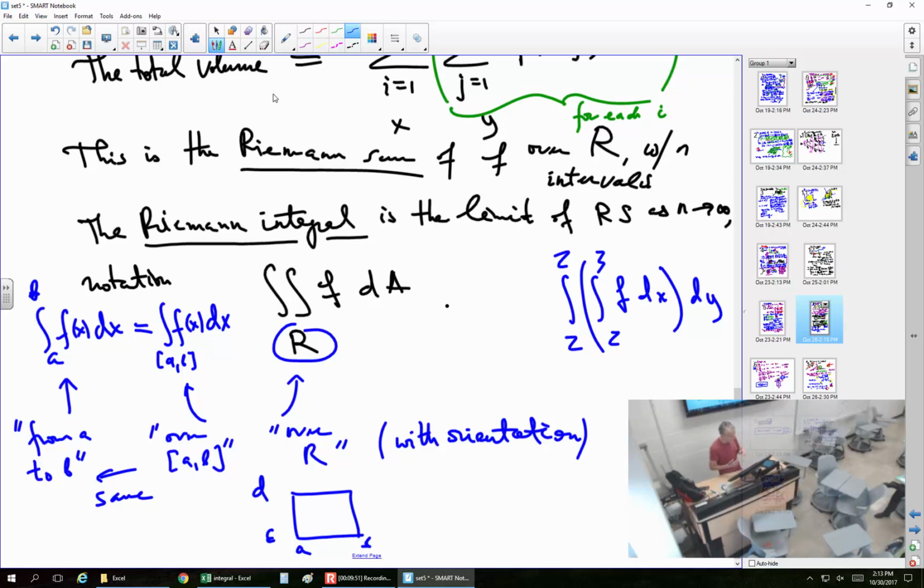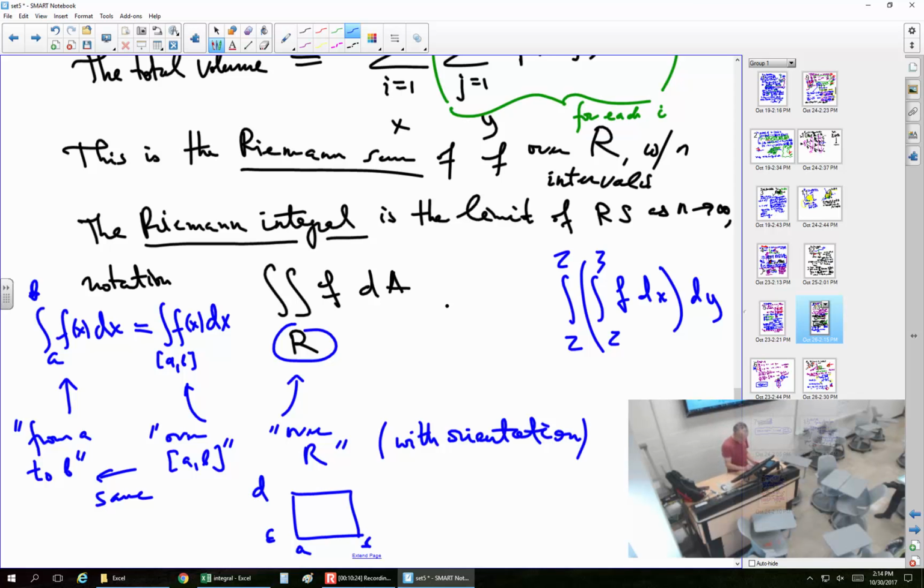Orientation meaning, well, I don't think there's a better word for it, but the sign of the integral will change just like here. The integral from b to a versus the integral from a to b gives you the negative sign. Similarly here, if we flip a and b, the sign changes to the opposite, or if we flip this one, it changes to the opposite. However, if we change both of them, then the sign remains the same. So that's roughly what orientation means.